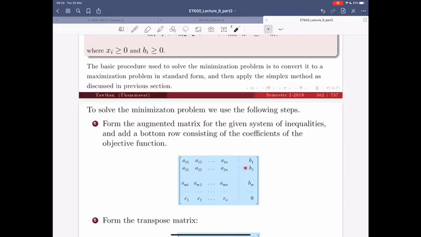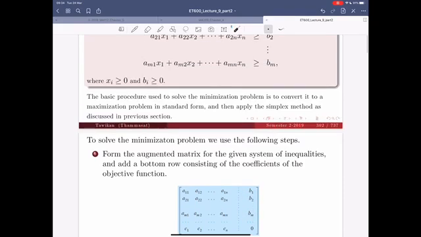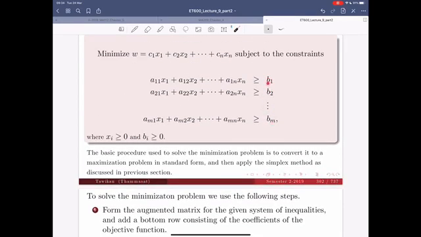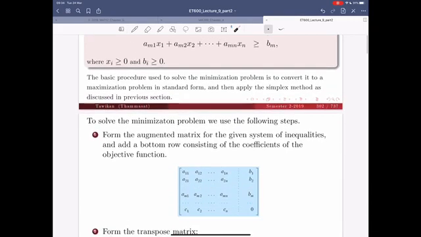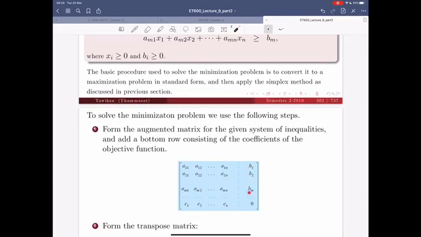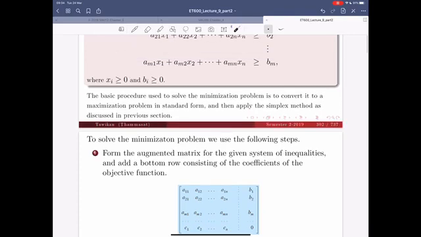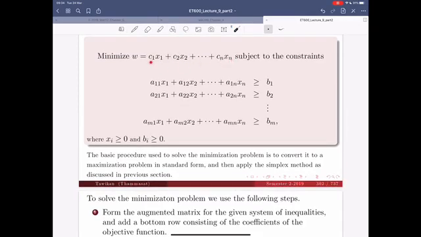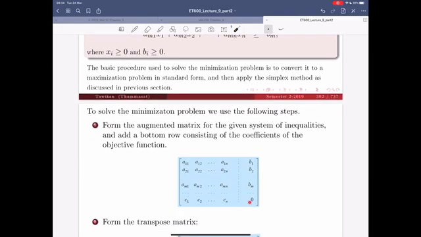To the right part, you put all the constant terms of each constraint, b1 through bm. In the last row, the bottom row, you put all the coefficients of each variable of your objective function. And at that spot, you put w, which is 0. When we first start minimizing the value of w, we set w to be 0.